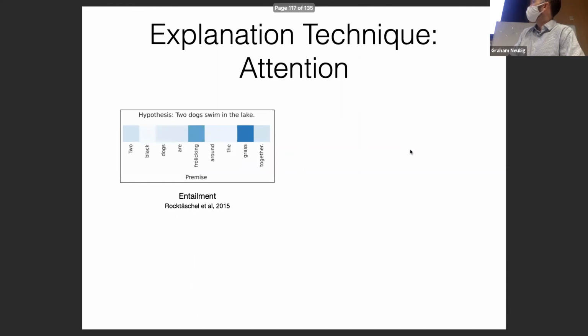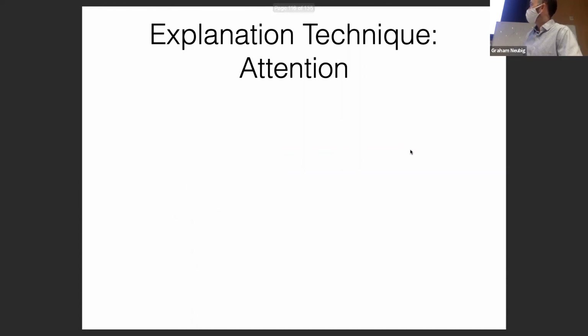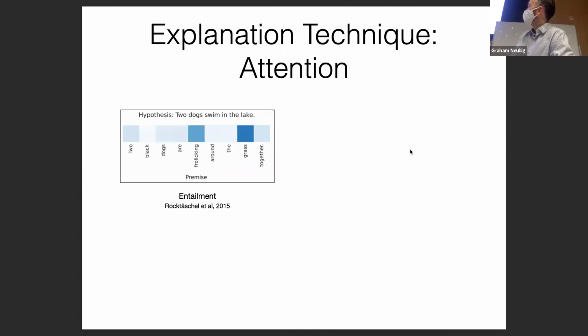So another explanation technique is attention. Attention, basically, everybody knows what it is. We've already talked about it quite a lot. And attention is somewhat interpretable. It allows you to see which values have higher outputs. So you can do entailment.